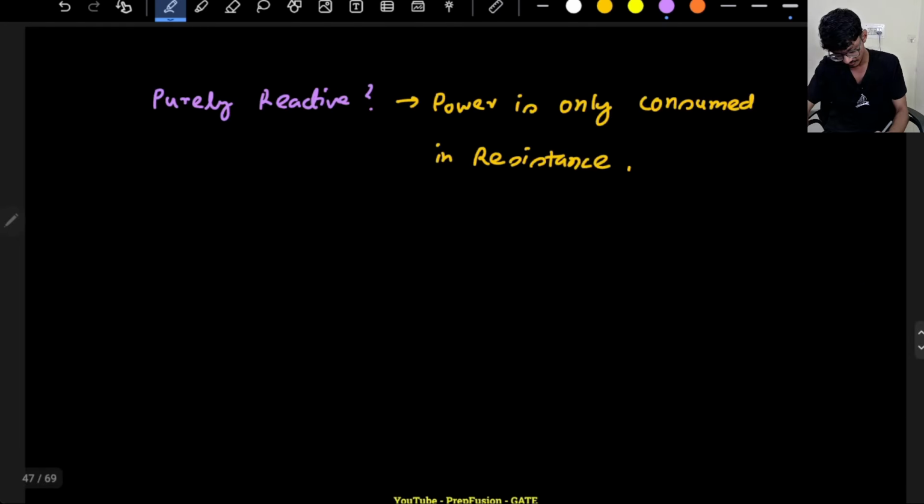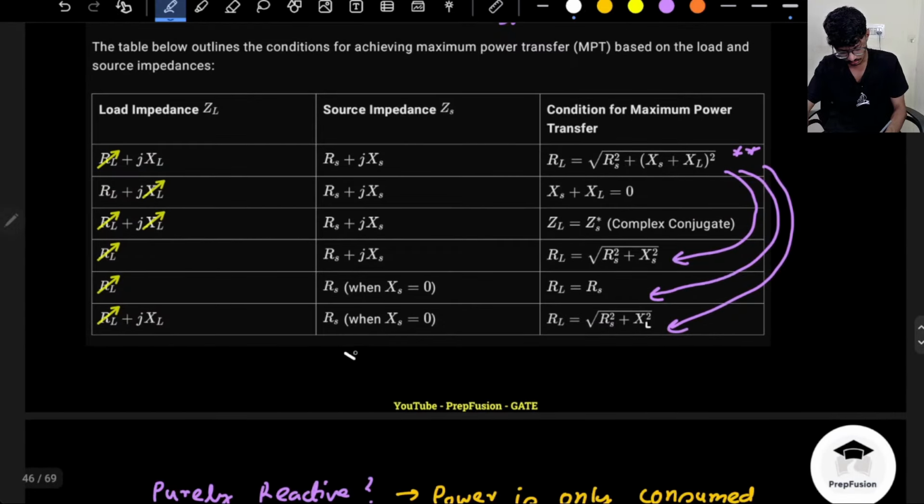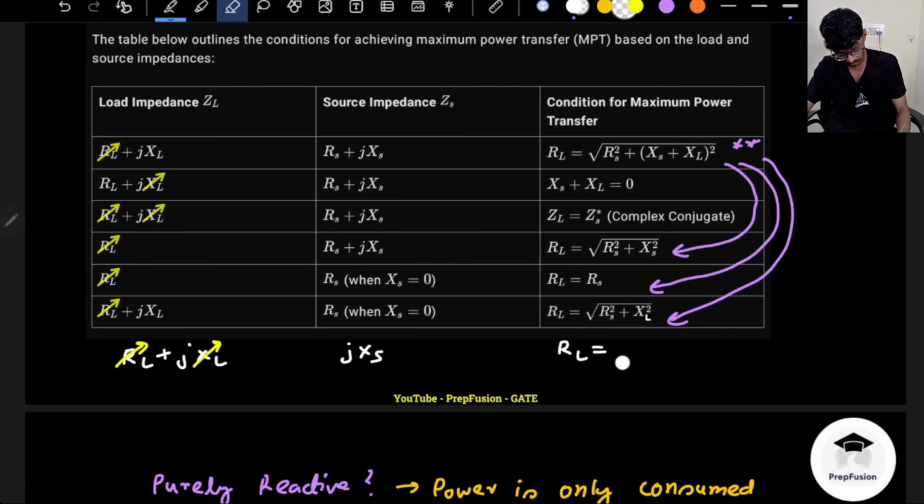So I will write here, if my source has only jXS and both my load resistance and my load reactance are varying, then RL equals to, not under root, sorry, RL equals to any value.